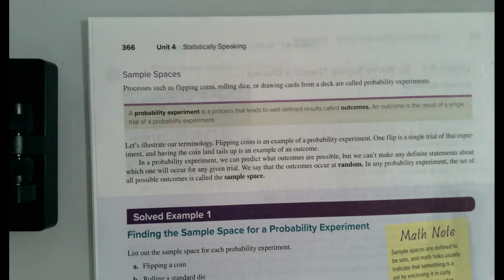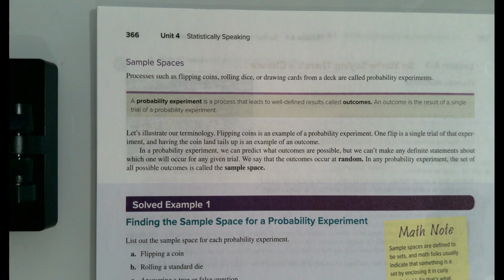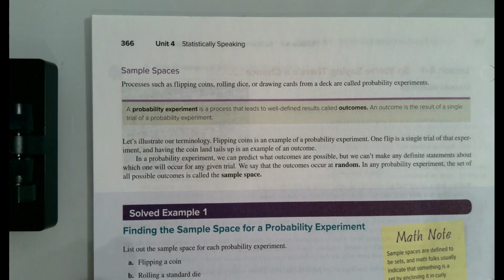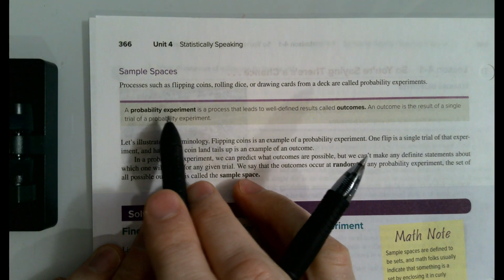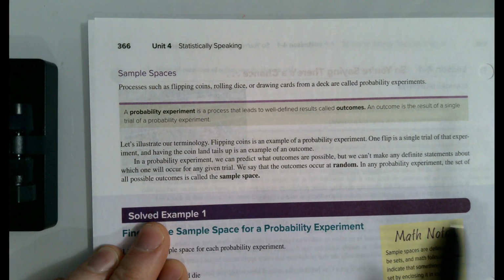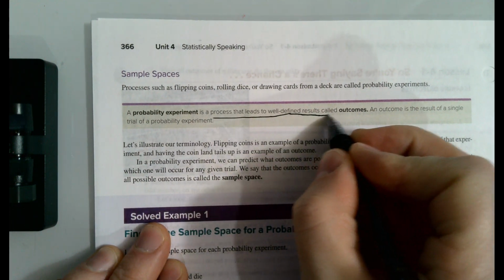Okay, so let's get to it. The first thing that happens when we talk about probability is we define what's called a probability experiment. This is that process I was talking about that leads to these well-defined results called outcomes.